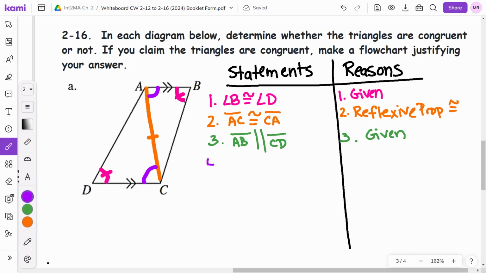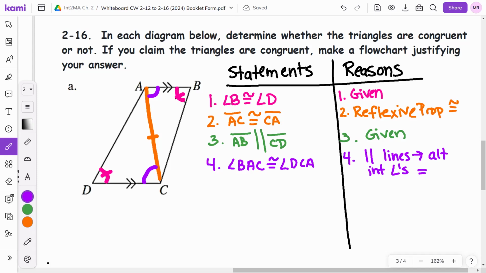So angle BAC is congruent to angle DCA. Reason? Parallel lines lead to alternate interior angles congruent.